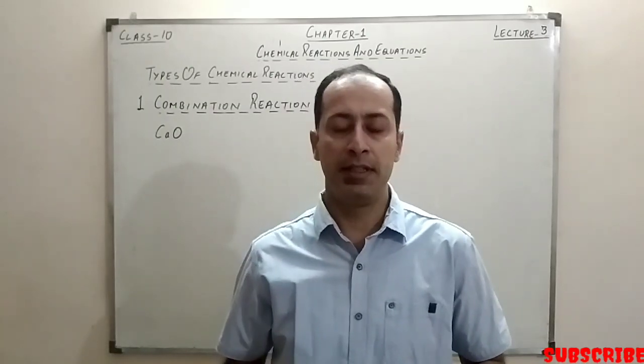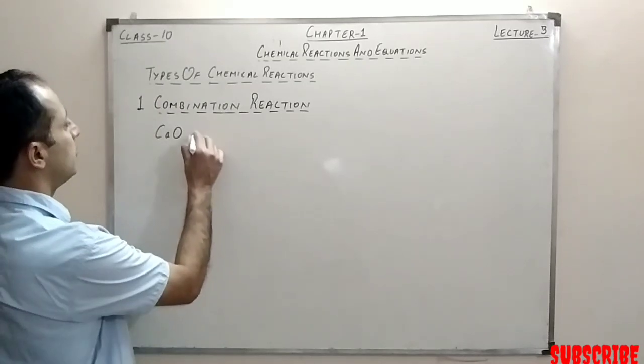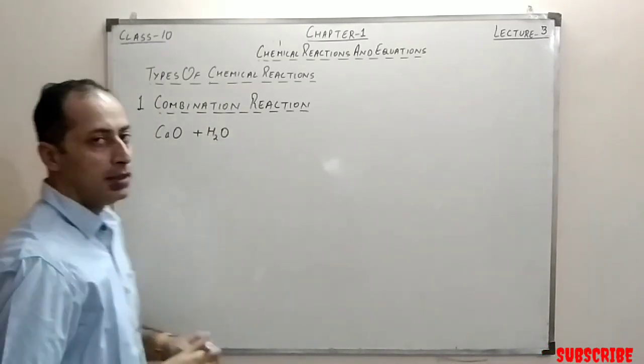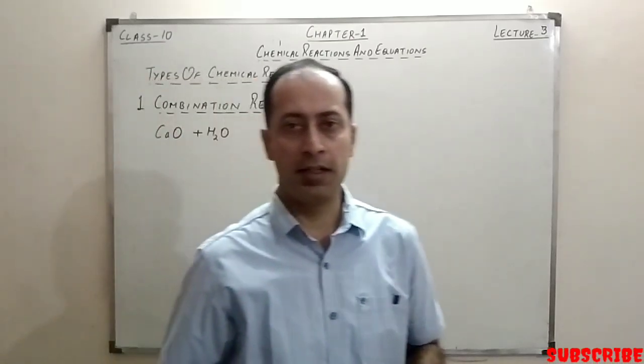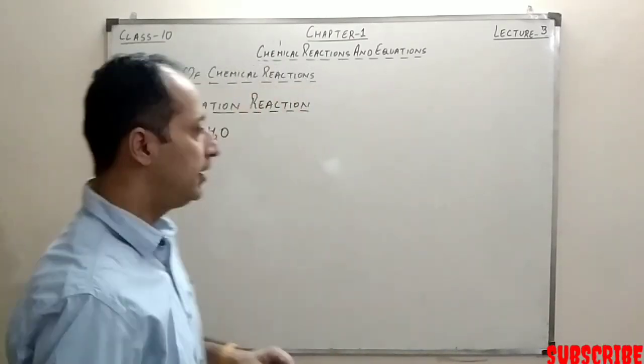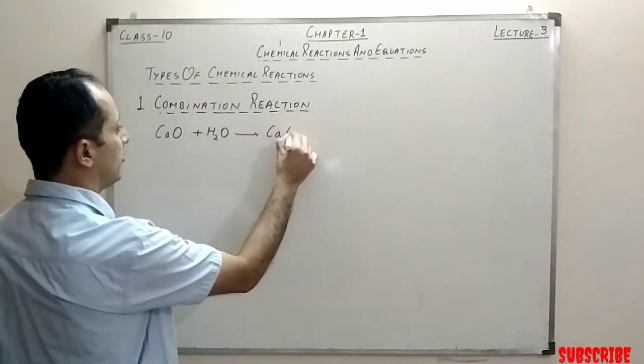But what happens actually in this reaction? When this calcium oxide is mixed with water, a lot of heat is generated when these two combine. And the thing which is formed is called calcium hydroxide.